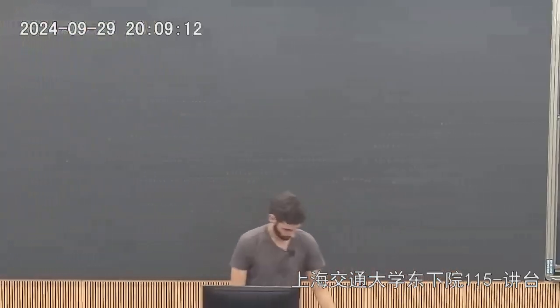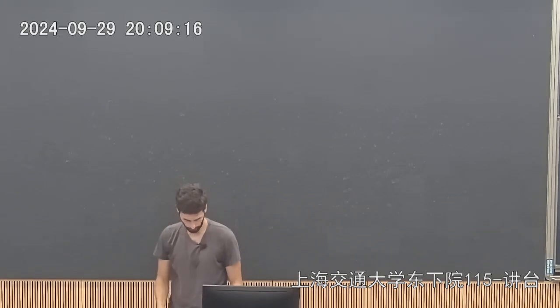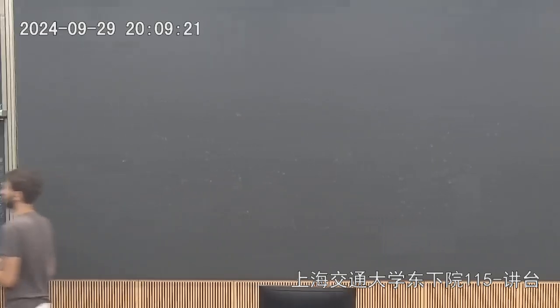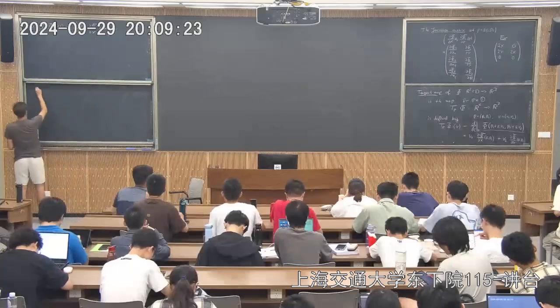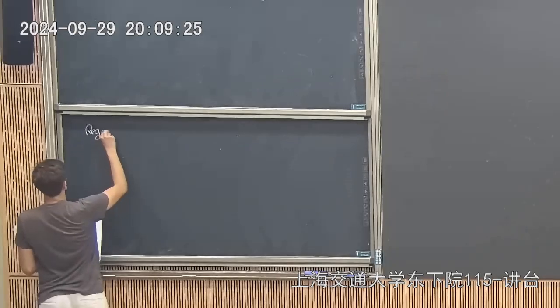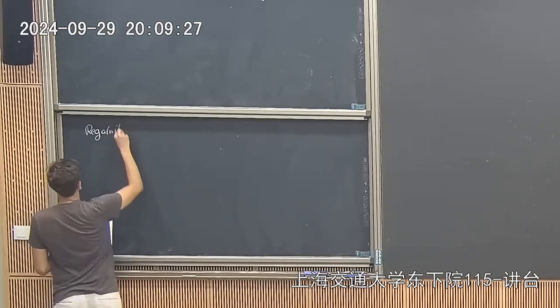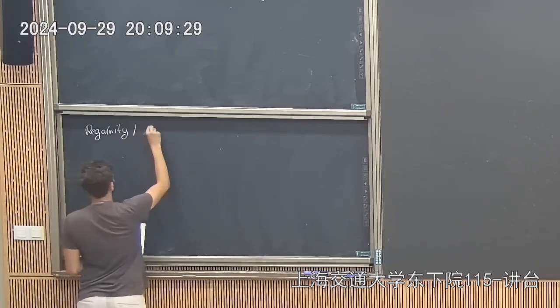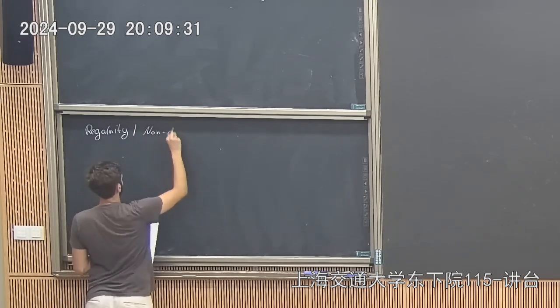So we don't want to talk about irregular things. Regularity, for surfaces, is usually called non-degenerate.